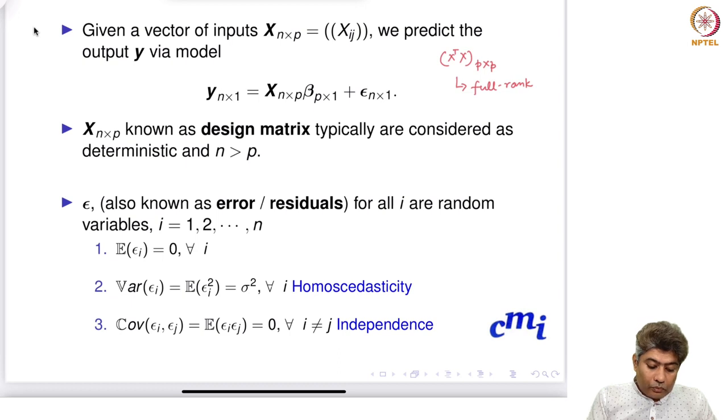So we will consider the X design matrix, typically considered as deterministic, and n is greater than p.